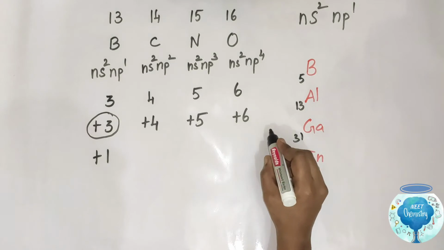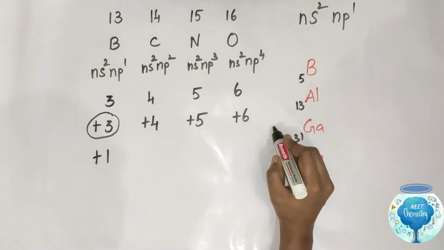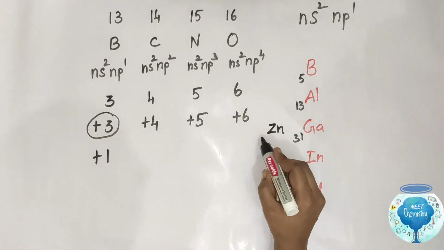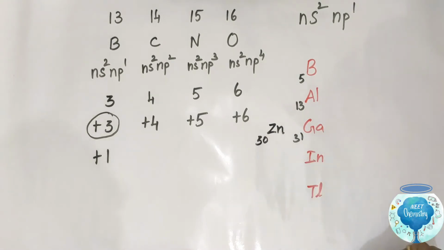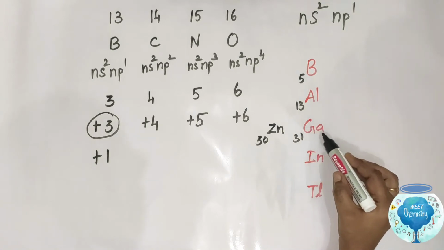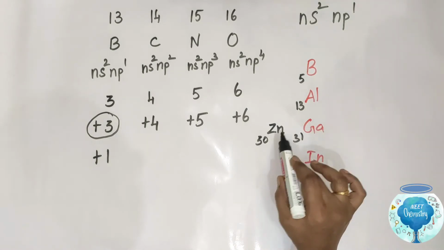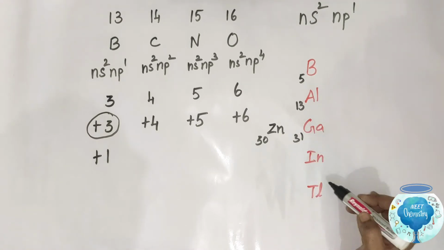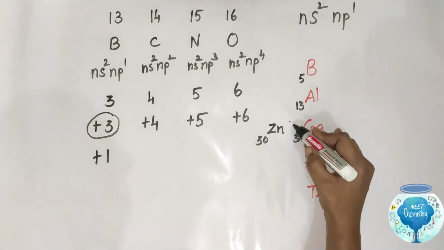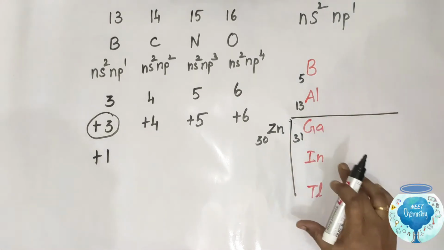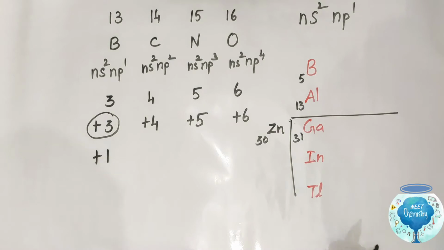In front of gallium, in the d block, there is the zinc metal, which has atomic number 30. So gallium is present next to the transition elements. That's why they are called post-transition elements. From gallium onward are the post-transition heavier elements.